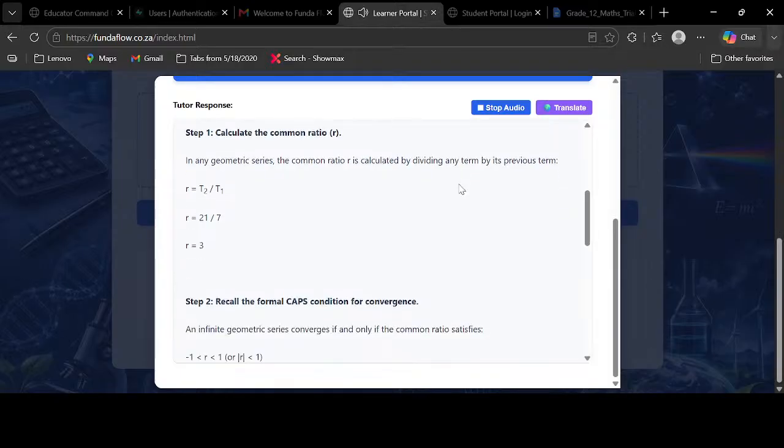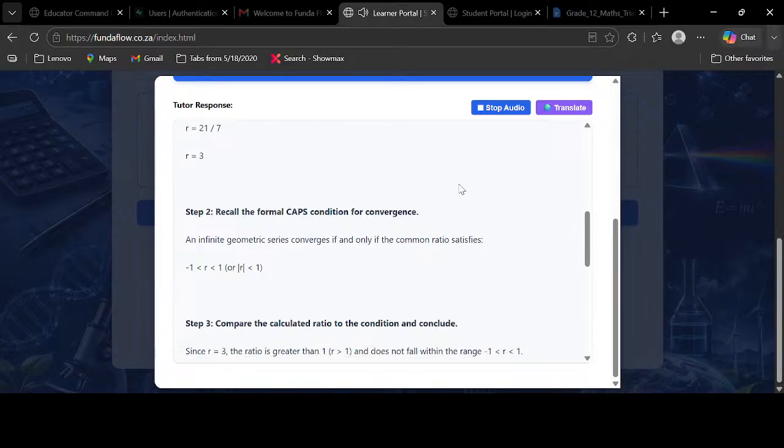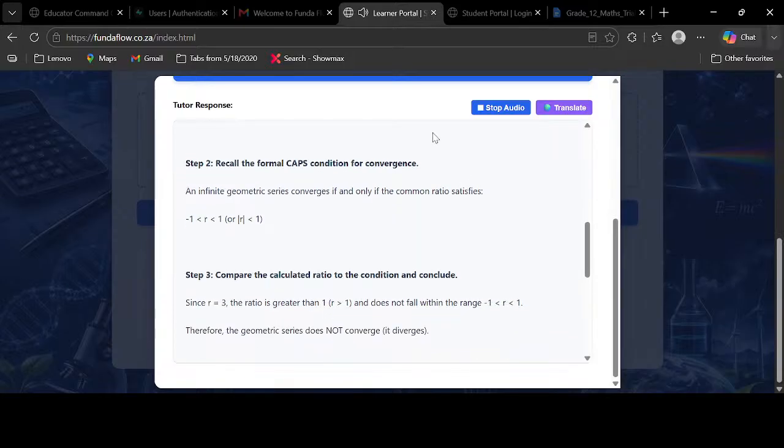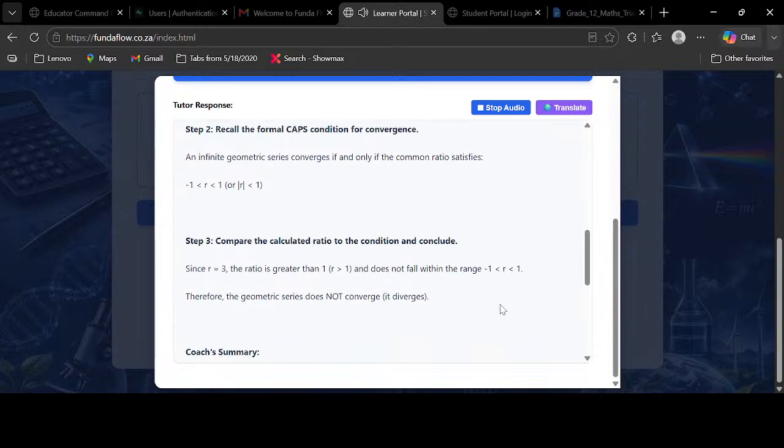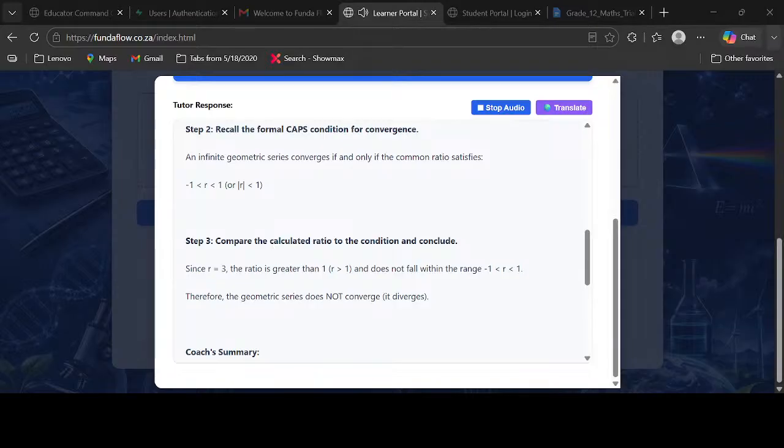In any geometric series, the common ratio r is calculated by dividing any term by its previous term. r equals T2 over T1, r equals 21 over 7, r equals 3. Step 2: recall the formal condition for convergence. An infinite geometric series converges if and only if the common ratio satisfies -1 < r < 1.